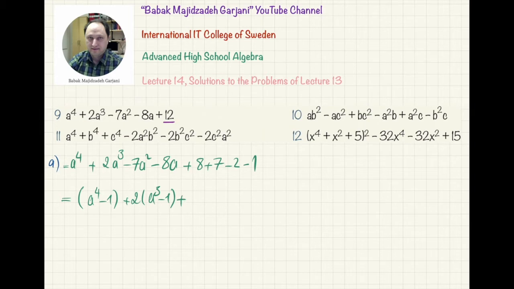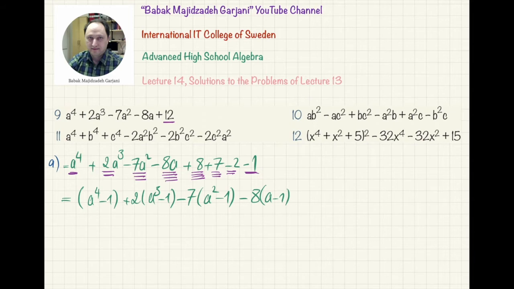So I will take minus 7 out. It becomes a squared minus 1. And finally, between these two, I can factor minus 8 out again. So what is left is a minus 1. So let me repeat. I took this one with the last one, this one with this one, and finally this one with this.